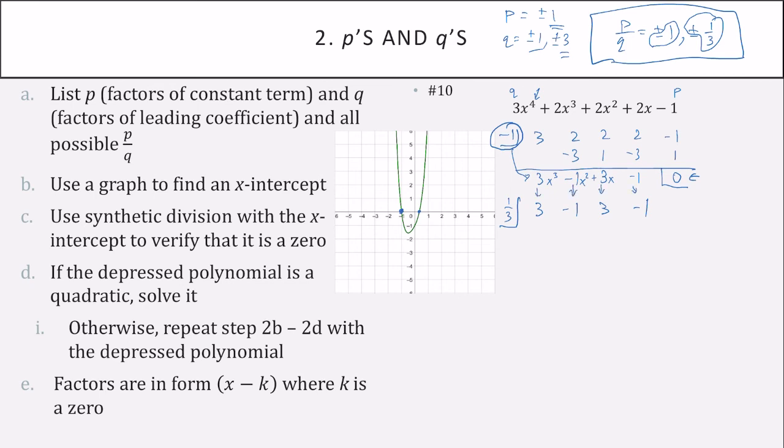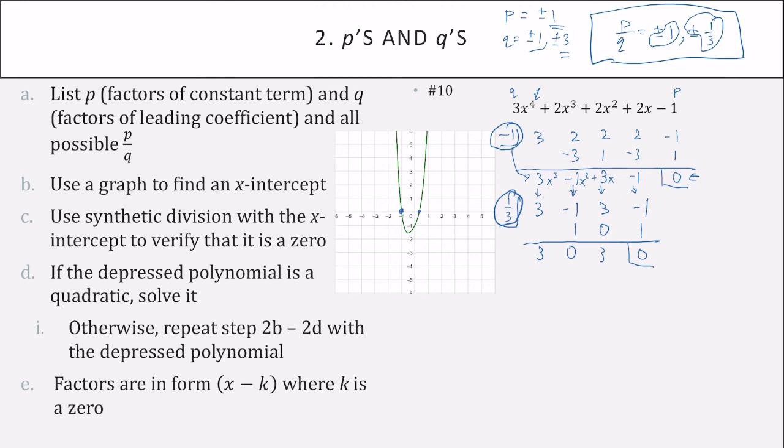You've got to use the depressed polynomial. Bring down the 3 and multiply. 1/3 times 3 is 1. Add. 1/3 times 0 is 0. Add. 1/3 times 3 is 1. Add. Look at that. It's another 0, so 1/3 is a 0.